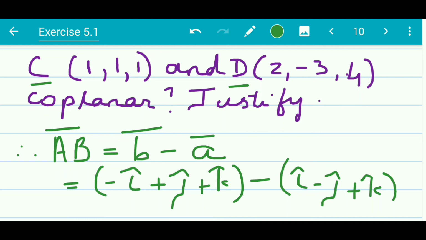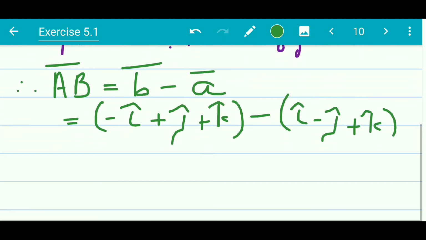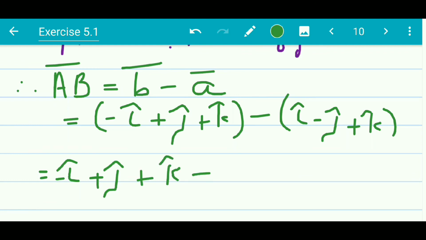Opening the bracket and solving it further, we change the sign over here.